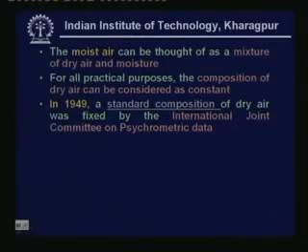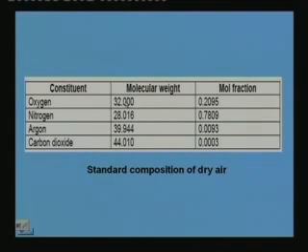So, in 1949, a committee was formed to fix the composition of this particular dry air for calculation purposes. The standard composition of dry air was fixed by the International Joint Committee on Psychrometric Data. So, what is the standard composition? This is the standard composition of dry air.